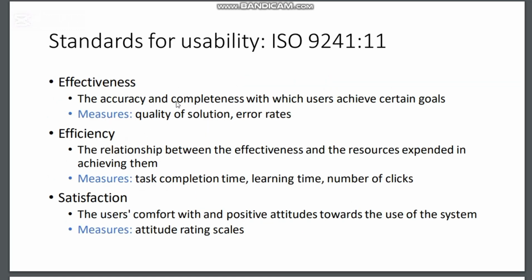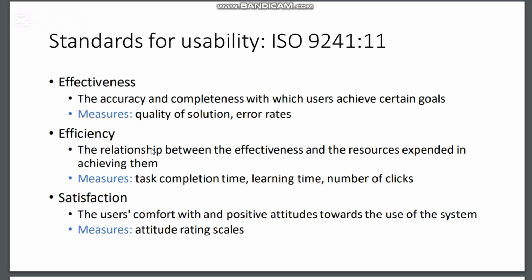Standards for usability: it must be effective, the accuracy and completeness with which users achieve certain goals. So it must be complete and it must give the solution to the problem the client needed. Measures include quality of solution and error rates, how many errors a user gets.